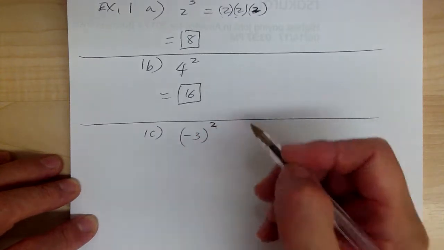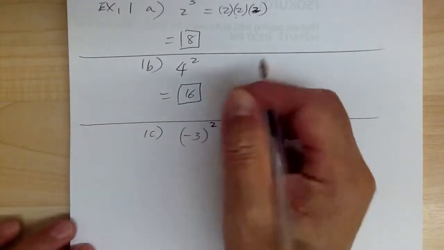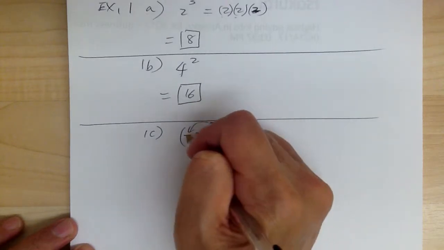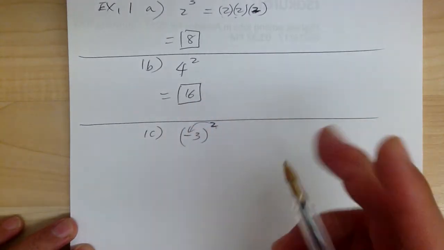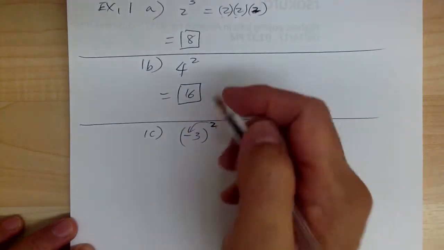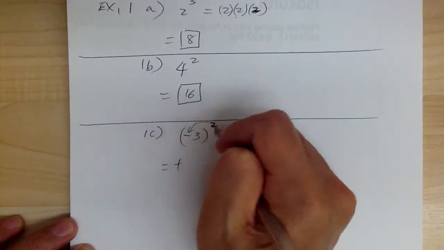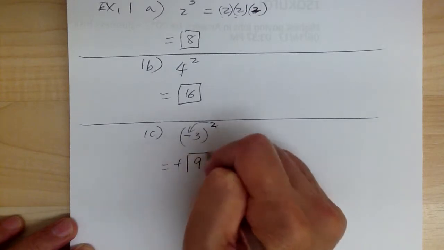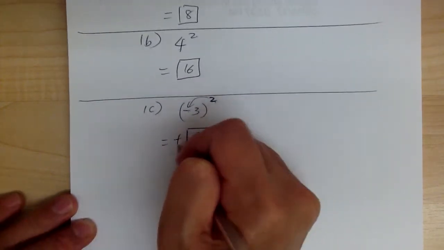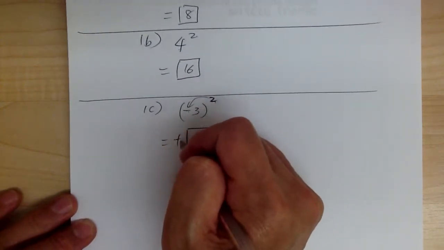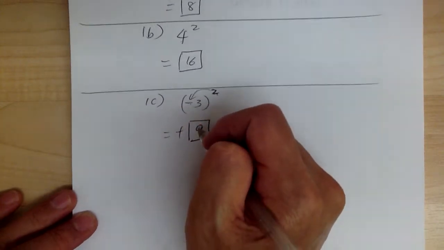You need to apply this to each part. So you got negative times negative, right? Exponent 2 means you got 2 of them. Negative times negative will give you positive. 3 times 3 will give you 9, so the answer will be positive 9. But you don't include the positive as your answer.